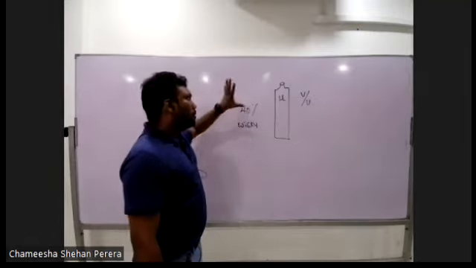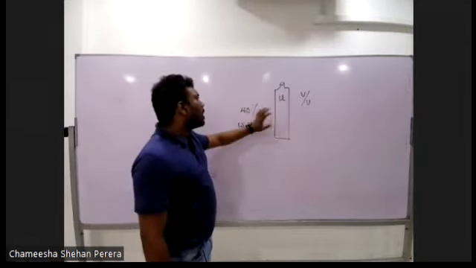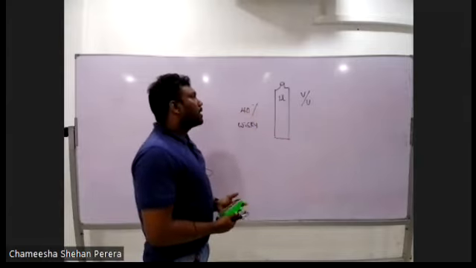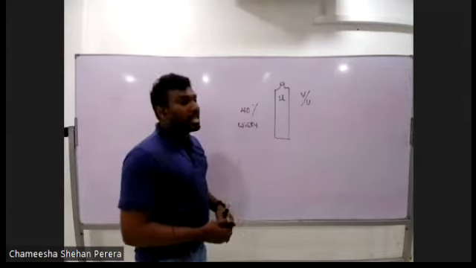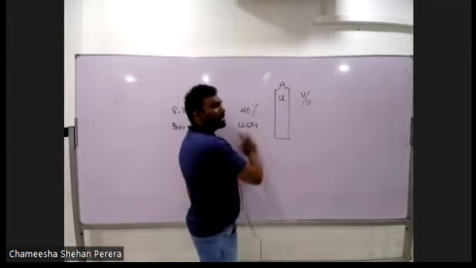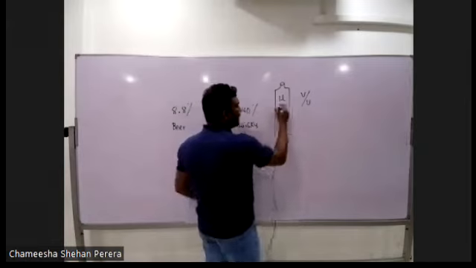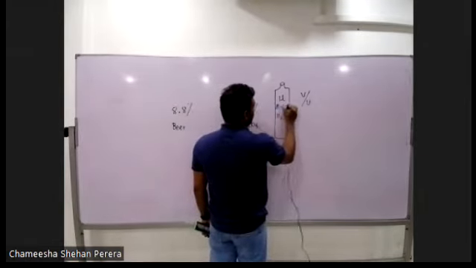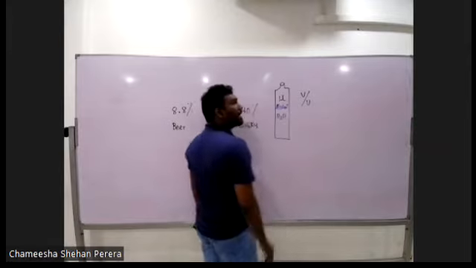So basically in this case, what do they mention as 40%? The volume percentage. That means what you have to understand is that this is not 100% alcohol. This is basically alcohol plus water, right?